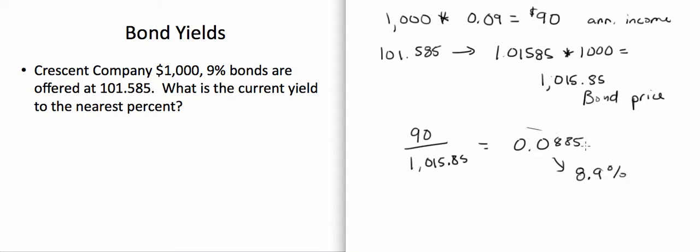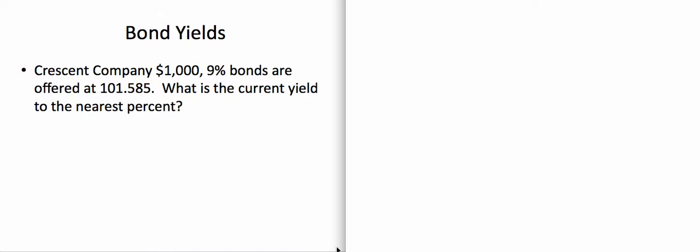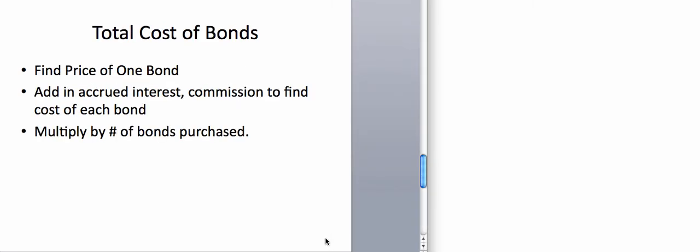Okay, so this would be our final answer there. So we find the annual income first, then find the bond price, and then divide those two answers to get our final percentage.